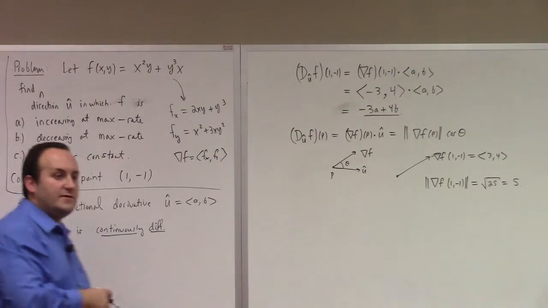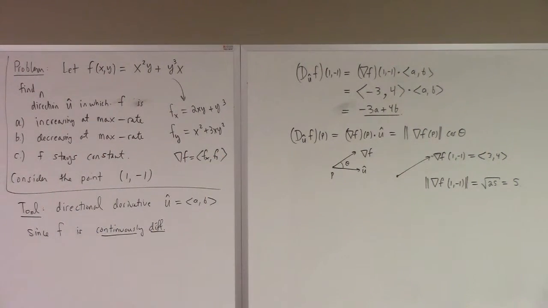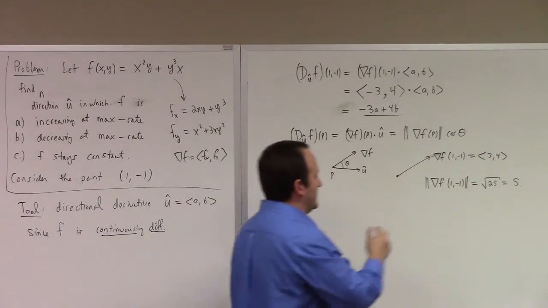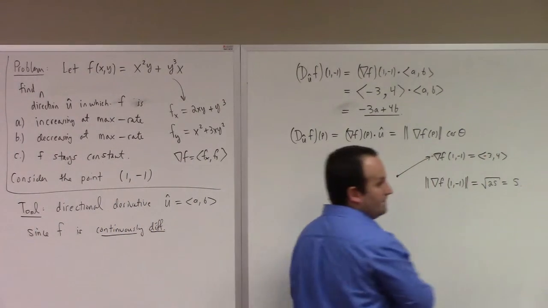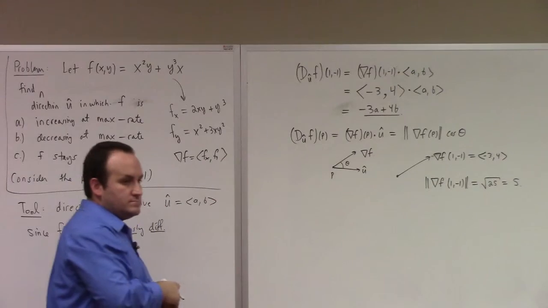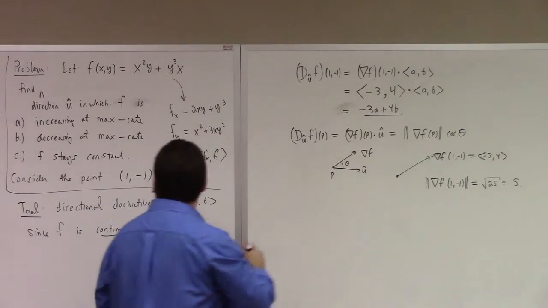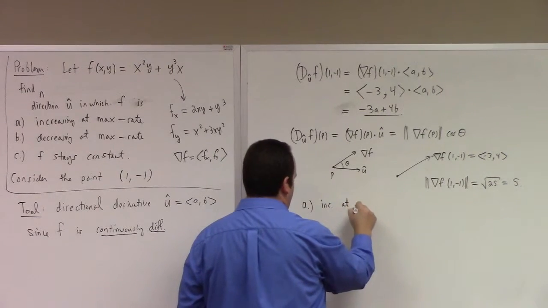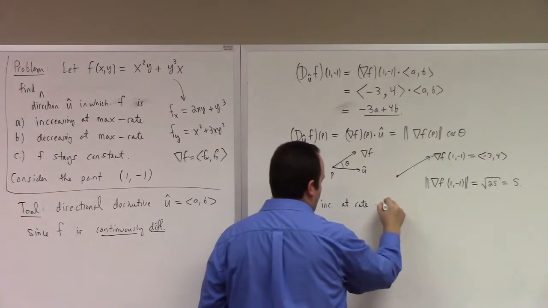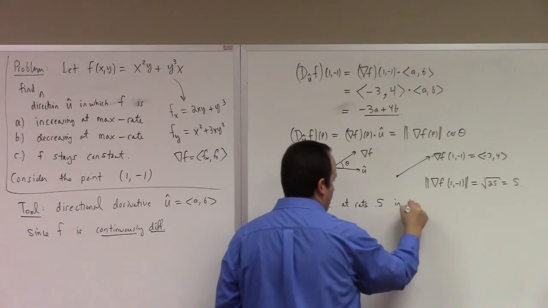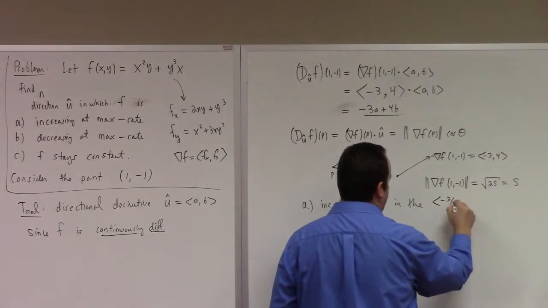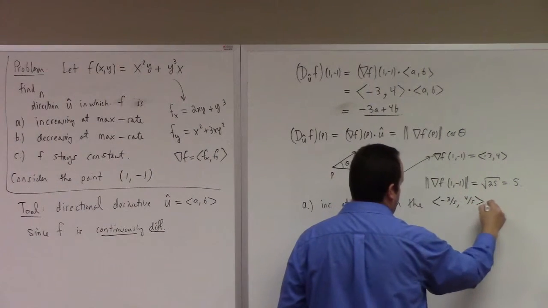So this function increases at a rate of 5. What's the gradient? Negative 3, 4? Oh, thank you. That matters. So the answer to part A is it increases at rate 5 in the minus 3/5, 4/5 direction.